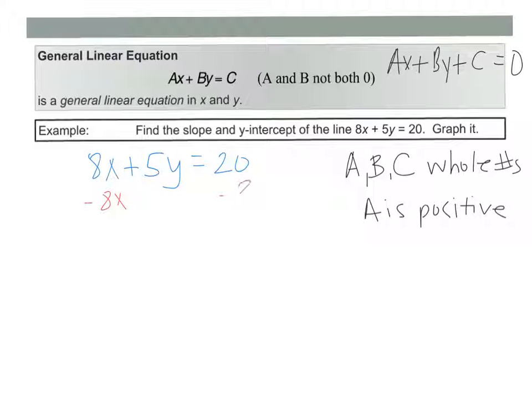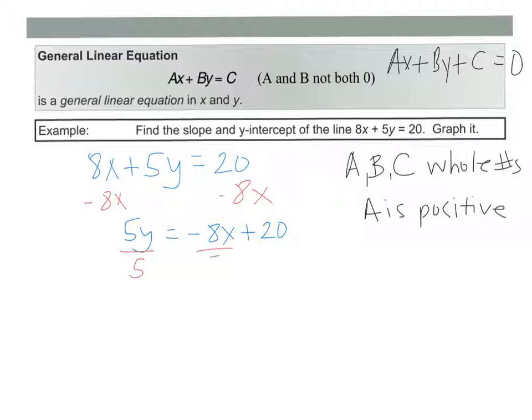So I subtract 8x from both sides. Okay, no problem. So I get 5y equals negative 8x plus 20. And notice I just put it in order right away. I know it's going to be mx plus b, so I just put x's first. Then how will I get that y by itself? Divide by 5. So I just divide by 5 on both sides.